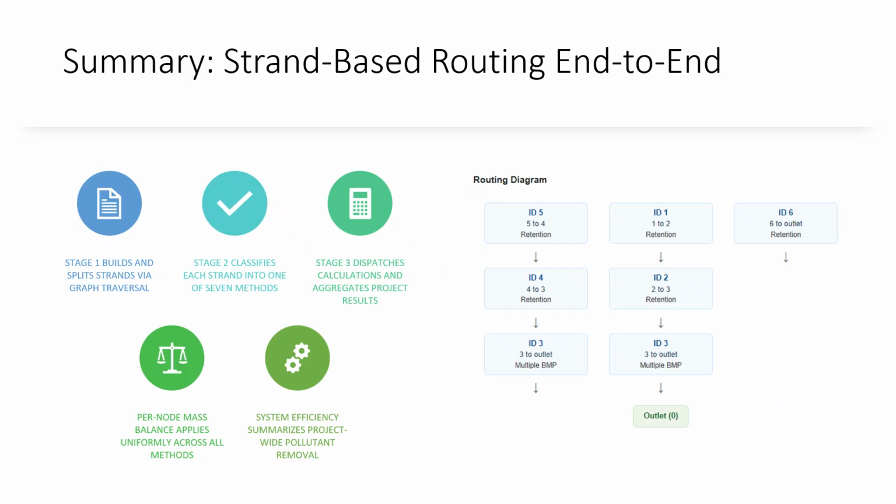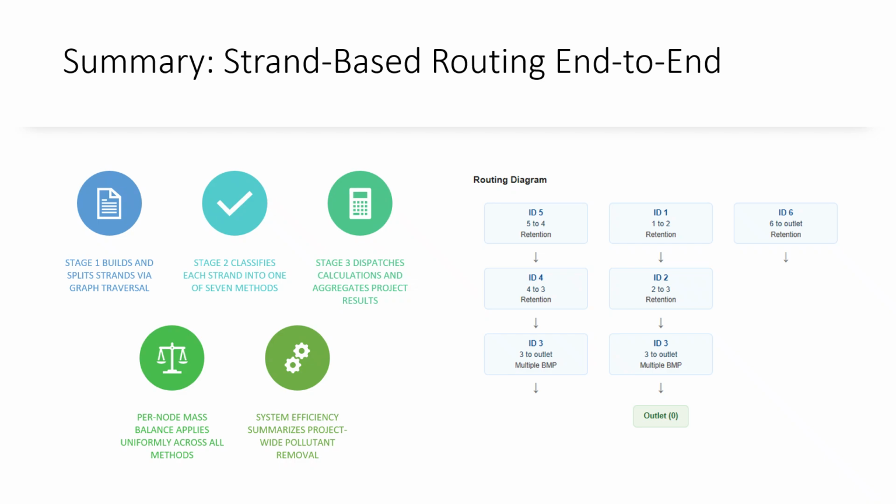Before any computation begins, the system inspects the BMP types at every node in every strand and assigns one of 7 routing methods. Those methods include retention in series, detention in series, 2 distinct no-treatment variants, independent catchments, and a pair of edge case handlers. Getting this classification right is critical, because it determines which calculation logic gets applied in the next stage.